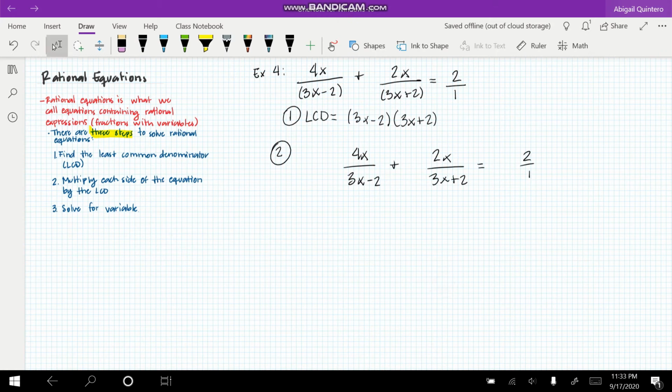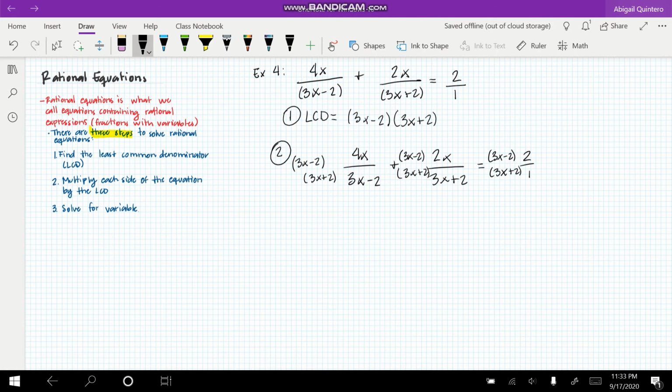And I'm going to multiply every single value by the LCD, which is 3x minus 2 and then 3x plus 2. So also, we're going to do it for the second fraction, 3x minus 2 times 3x plus 2. And then for the last one as well, 3x minus 2 times 3x plus 2.